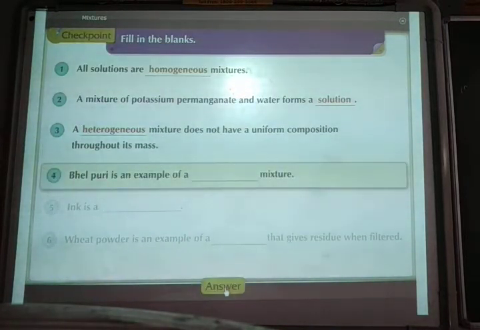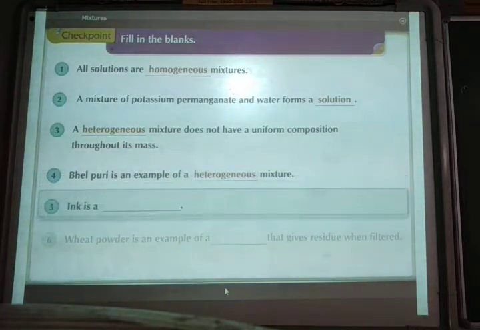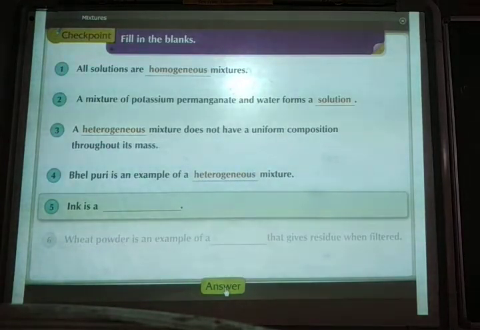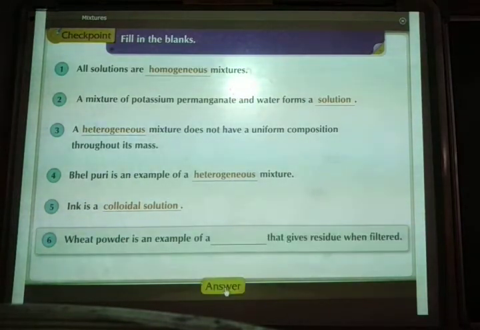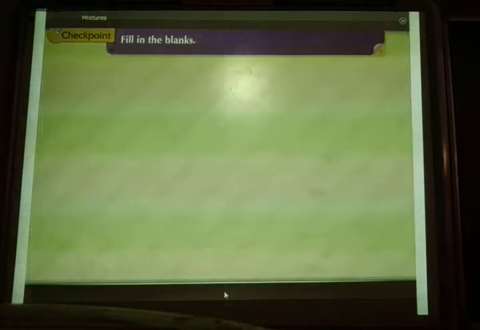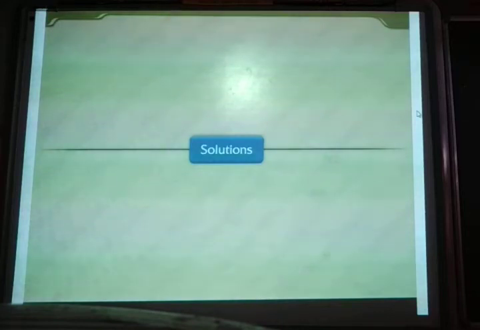Bhelpuri is an example of a heterogeneous mixture. Ink is a colloidal solution. Wheat powder is an example of a suspension that gives residue when filtered.